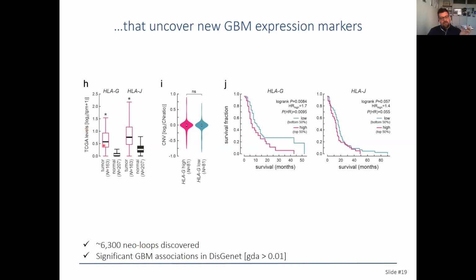Well, it is on average overexpressed over normal tissue. This overexpression is not because of copy number variation. You can see the copy number variation here between the high and the low patients, but patients that have a high expression of this gene, presumably because of this neoloop forming, actually have a poorer survival prediction. And overall, we have more than 6,000 of these neoloops to look into.